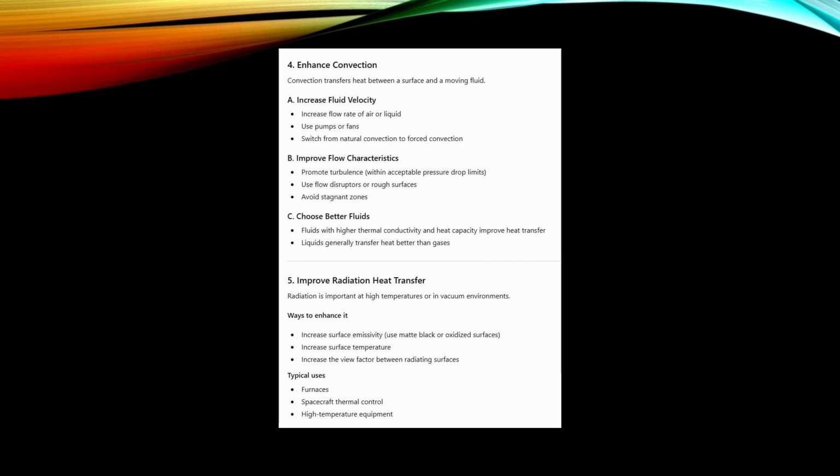You can also enhance convection. Convection means heat transfer between a surface and a moving fluid. If you are working with air, you can add a fan to increase the velocity of your air. And if you are working with liquid, for example water, you can add a pump to increase the velocity of your water.